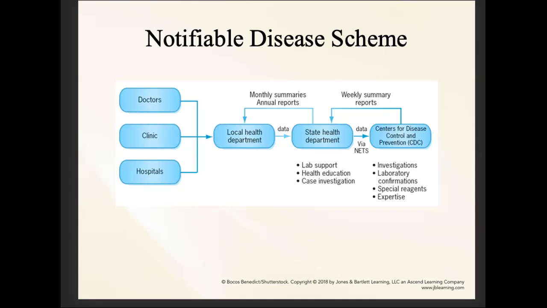Typically, this occurs in monthly summaries and annual reports from the state department back to the local health department, and from the CDC back to the state health department. Those occur in weekly summary reports. Now, this can be altered, as we've seen. For instance, our state health department is on a daily basis updating COVID cases per county because they're tracking the spread of the pandemic very closely.